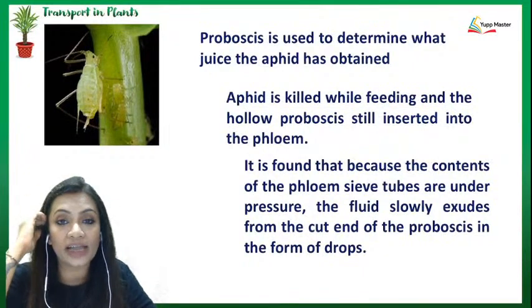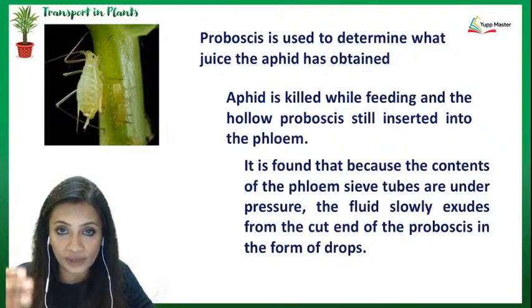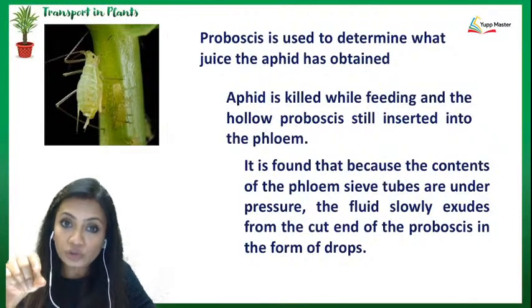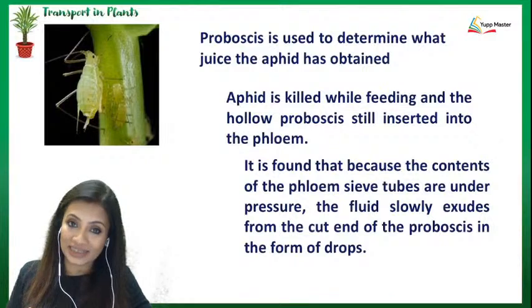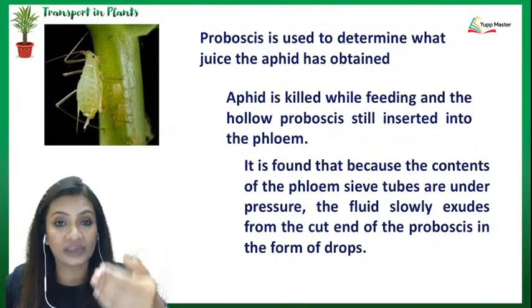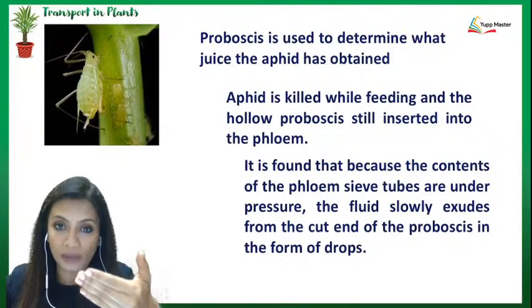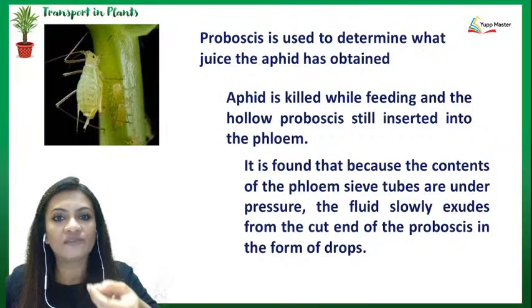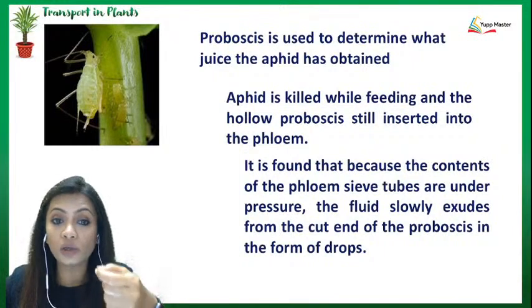So it will have a natural tendency to flow from inside the phloem through the proboscis to the exterior part. And as I told you a little while back, whatever material is coming out of the phloem will be coming out in the form of small drops.